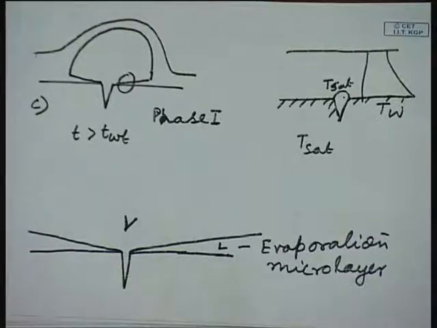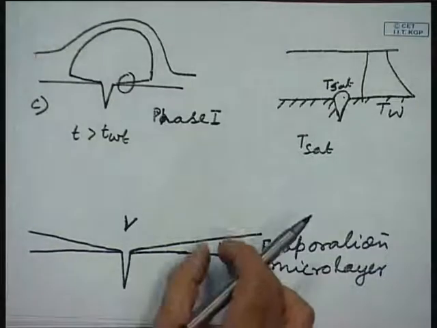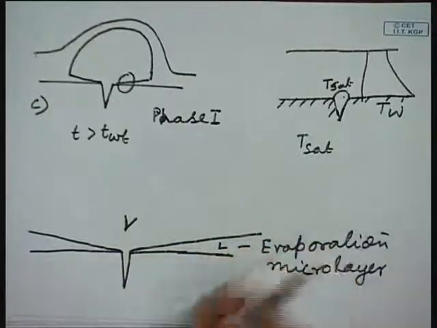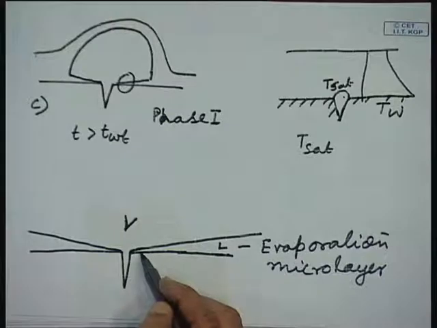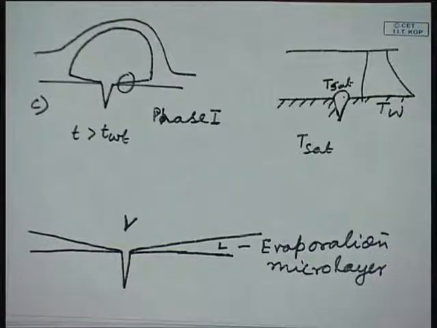Even nowadays people are doing CFD modeling. So, people argue that a single scale for modeling is not sufficient. Probably very near this vapor stem, one has to go for some sort of molecular scale modeling, then some sort of intermediate scale modeling, and then one should go for some macro scale modeling, only then can this process be modeled, because here it is very thin at the molecular level.